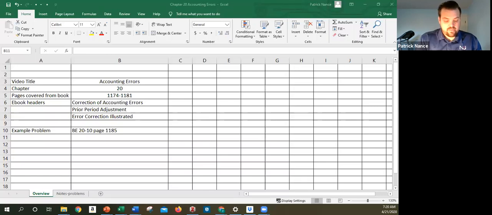So a prior period adjustment refers to an addition or reduction in the beginning retained earnings balance of the statement of shareholders' equity, like we talked about in chapter 4. In an earlier chapter, we saw the statement of shareholders' equity is the most commonly used way to report events that cause components of shareholders' equity to change during a reporting period. Some companies, though, choose to report the changes that occur in the balance of retained earnings separately in a statement of retained earnings.